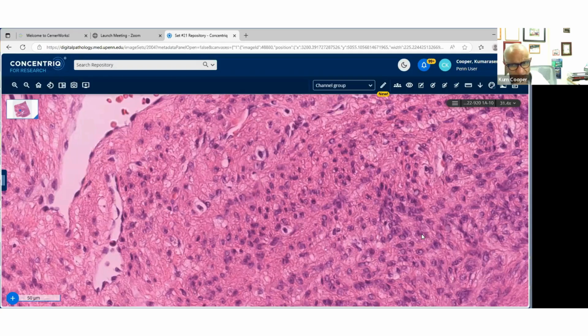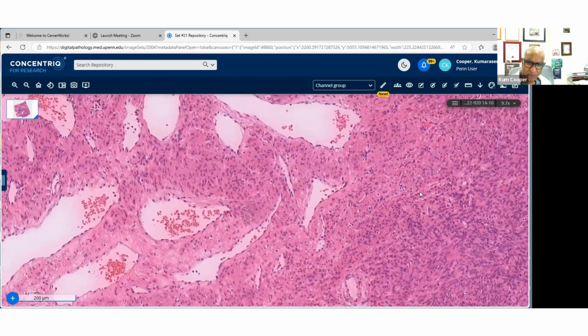So I typically like to do three or four of them. I don't confine myself to just HMB. I like to do HMB and Melan-A, and we also have MITF here, so we can use that. And a good marker as well is cathepsin K, which is not specific, but in the context of PEComas, they are useful. So that's what we called it.